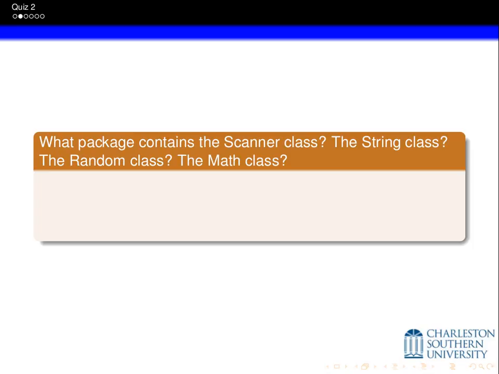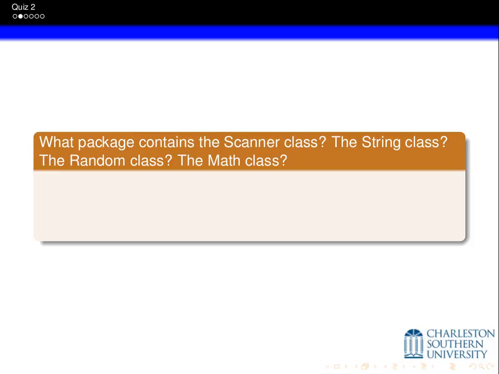So what package contains the Scanner class, the String class, the Random class, and the Math class? Ooh, here we go. Scanner class. Scanner, what's Scanner in? Lang? No, it's not lang. Java.util. So what would String be in? Java.lang.